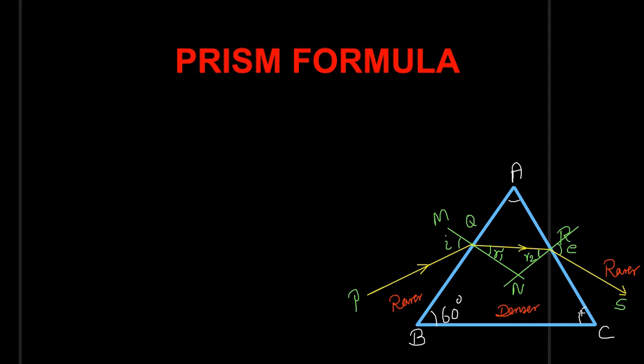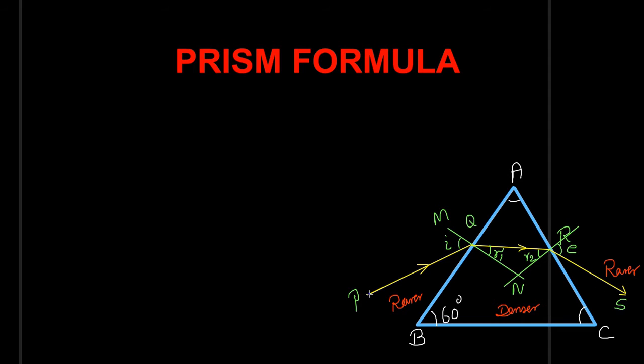Now look at this diagram. We extend this incident ray. If the prism was not there, the incident ray would have advanced like this. Because of the prism, the ray is bending, bending again, and finally coming out like this as RS.